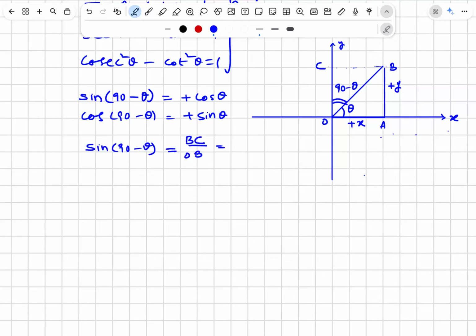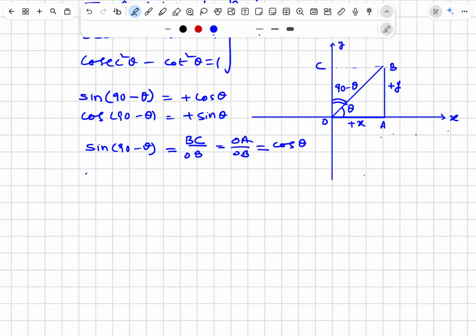BC is the same as OA. See, in the lower OAB triangle, OA is adjacent side. OB is hypotenuse. Adjacent side by hypotenuse will now become cos. That's how you got the cos.